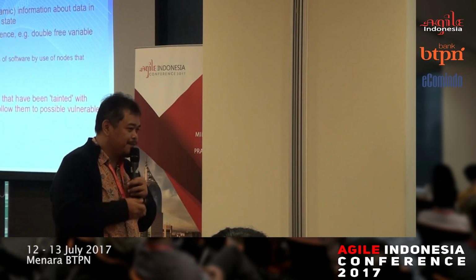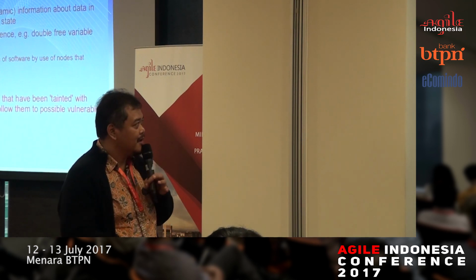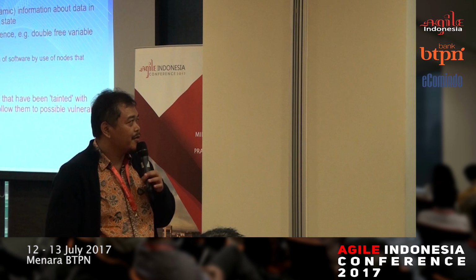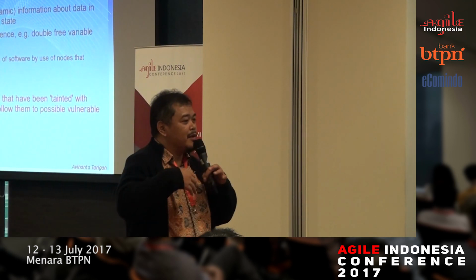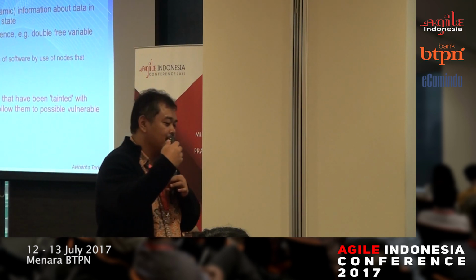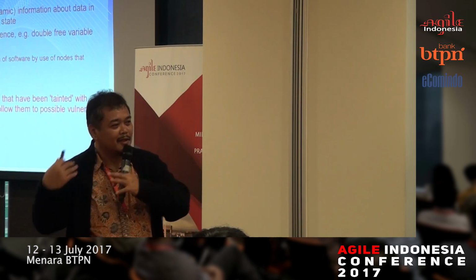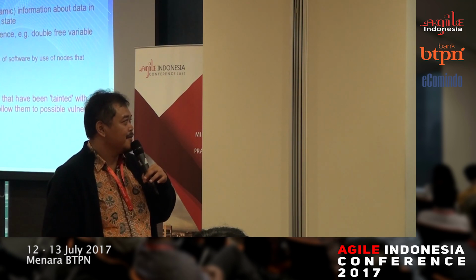In static analysis, there are some techniques to do the analysis. First is control flow analysis. You collect runtime information about data while in a static state, so in the source code itself. And you can identify dangerous sequences. For example, you double free a variable, or you create an initiated object and then create another object to do the same thing.